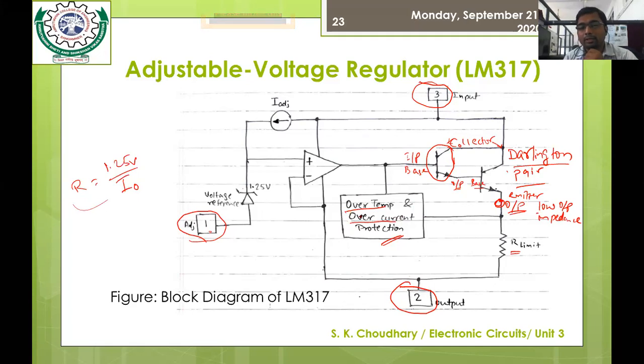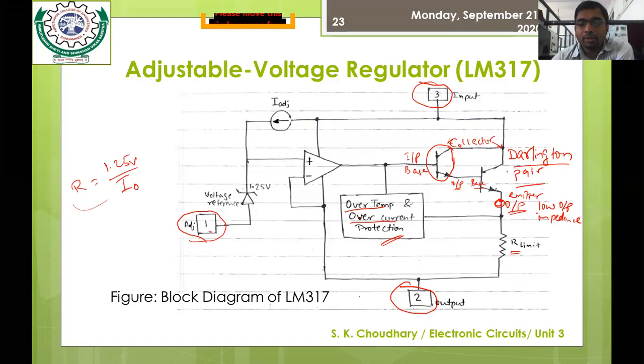This is what we are learning about the adjustable voltage regulator. Out of those two resistors, one is a variable resistor that changes the value of the output voltage. So this is the basic description of the block diagram of LM317.